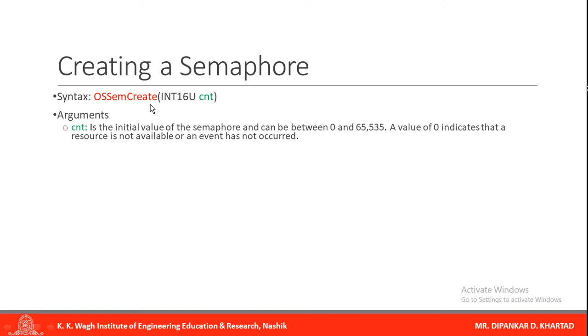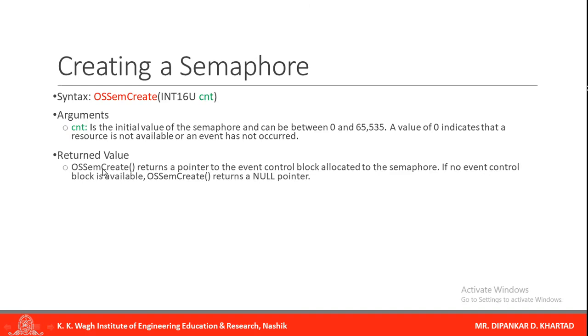So whenever you want to create the semaphore, you have to write OSM create, and in this you have to pass 1. It will return a value. OSM create returns a pointer to the event control block allocated to the semaphore. If no event control block is available, then OSM create will return what?